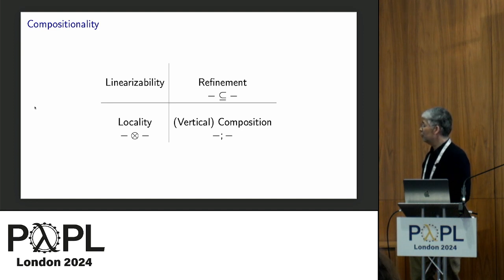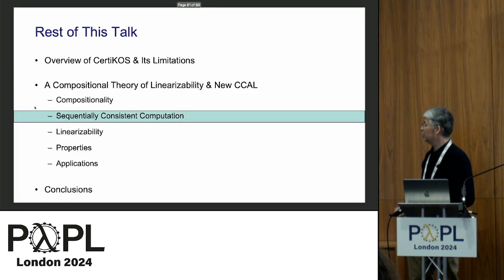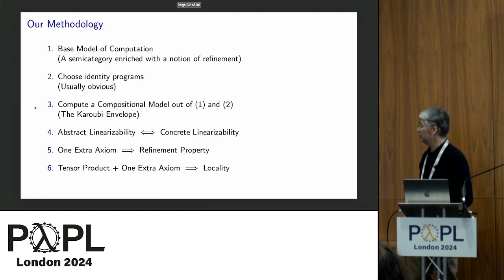So when I talk about compositionality, I want a horizontal composition, which is locality. I want the vertical composition so that I can lay one object on top of another. And I want to talk about the refinement between implementation and specification. So let me talk about what I mean by sequentially consistent games, or sequentially consistent computations.